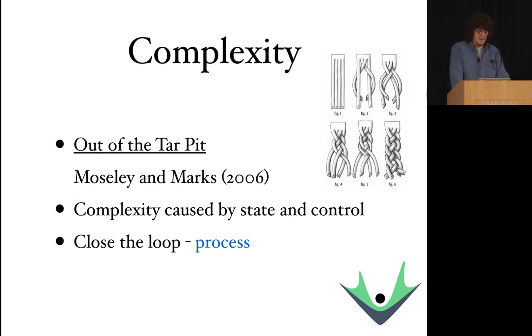It's called Out of the Tar Pit, and the authors had sort of pegged the set of problems that I had also pegged. We're dying with this complexity, and most of the complexity is caused by state and the way we manage state or fail to manage state. They also identified control as a source of complexity, and by that they meant sort of imperative programming, or even functional programming being too explicit about control.